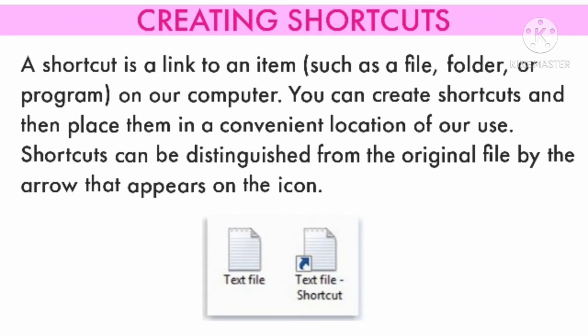Creating shortcut. A shortcut is a link to an item such as a file, folder or program on a computer. You can create shortcuts and then place them in a convenient location for our use. Shortcuts can be distinguished from the original file by the arrow that appears on the icon.